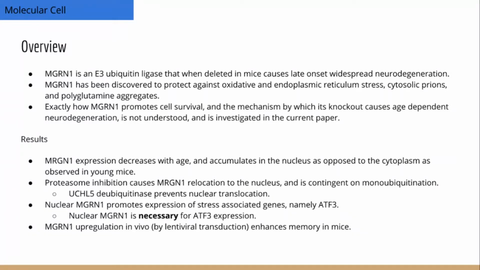And indeed, MGRN1 was critical for the expression of ATF3. Furthermore, its upregulation in vivo through lentiviral transduction enhanced memory and cognition in aged mice in various memory tasks. These results collectively suggest that MGRN1 is critical for the transcriptional response to proteasomal dysfunction, and its age-related decline may underscore various neurodegenerative disorders.